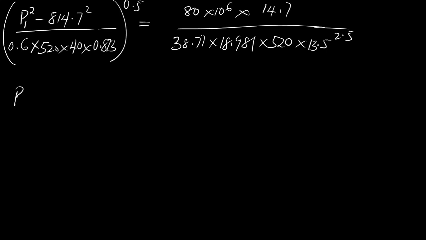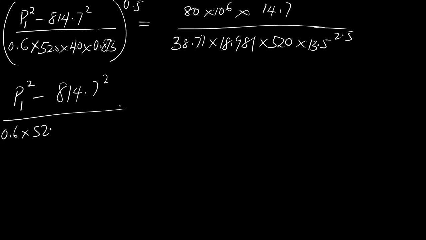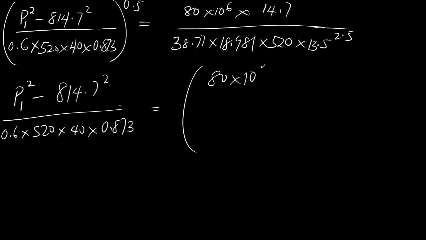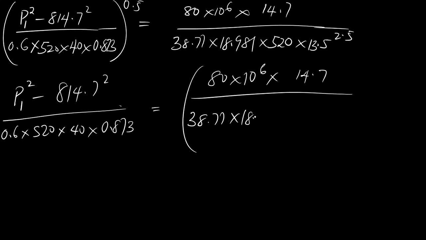So that means you have P1 square minus 814.7 square, all divided by 0.6 times 520 times 40 times 0.873, which will equal 80 times 10 raised to power 6 times 14.7 divided by 38.77 times 18.981 divided by 520 divided by 13.5 raised to power 2.5, all squared.